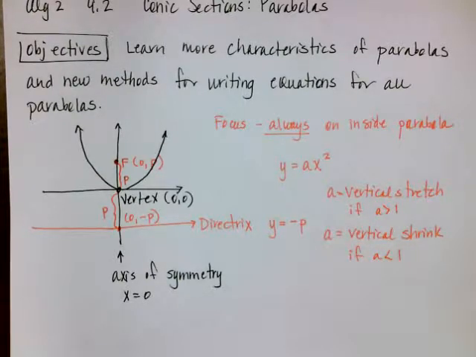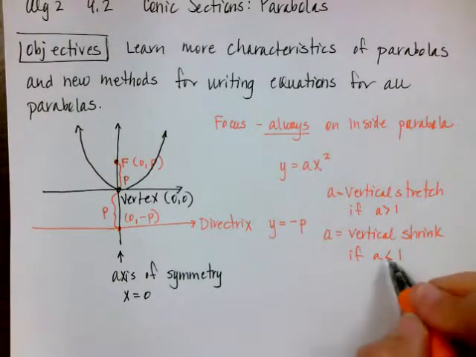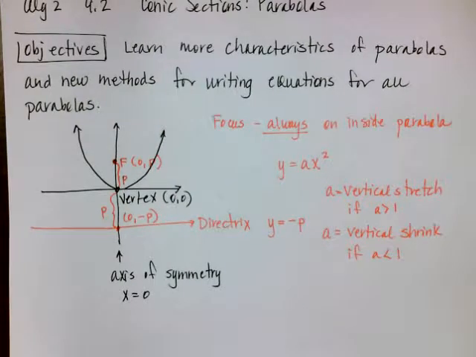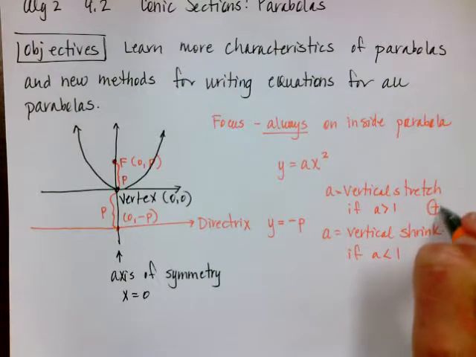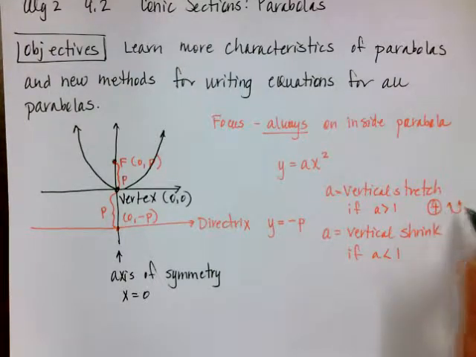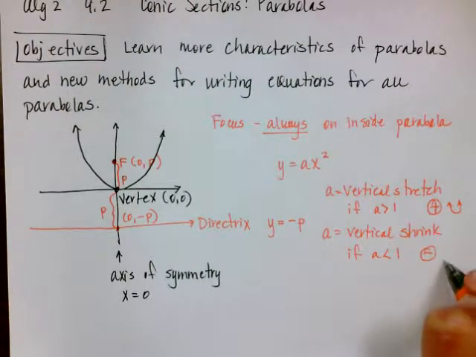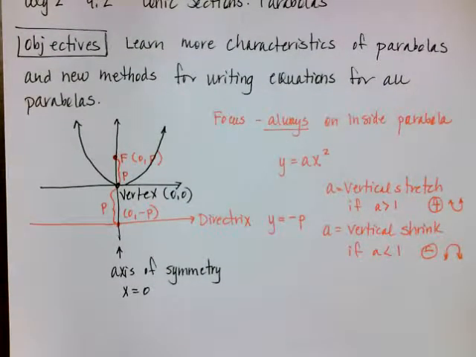If a is positive, we know that the parabola goes up, and if a is negative, we know that our parabola goes down. So that's the information that we learned in the past.